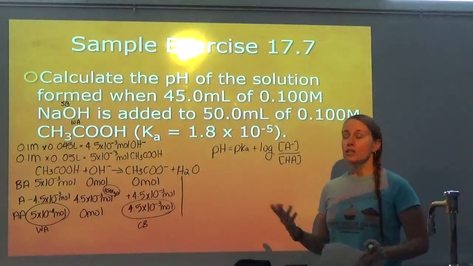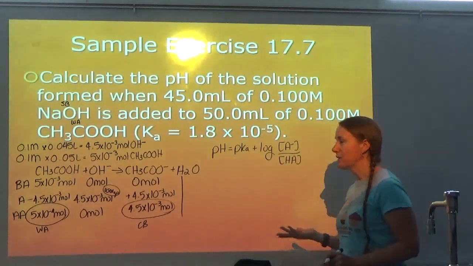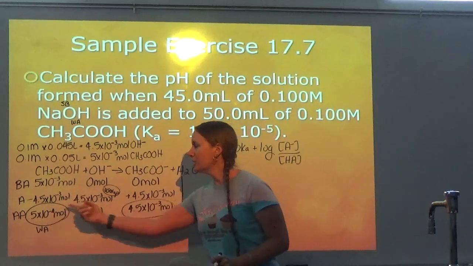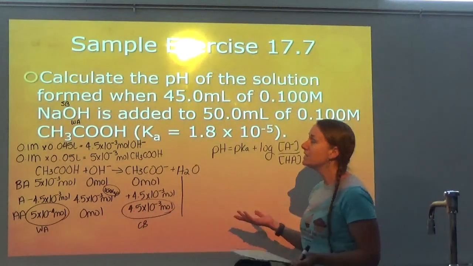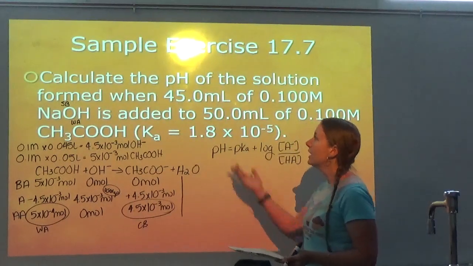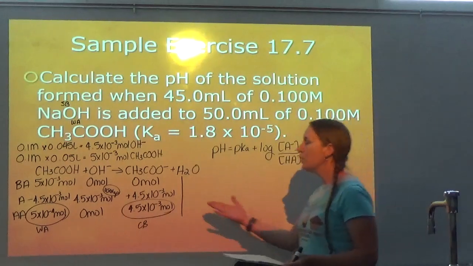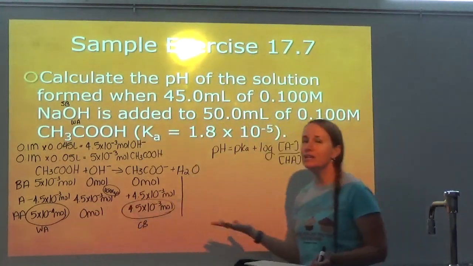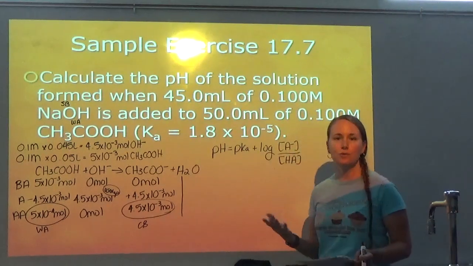All right, so normally we need to plug concentrations into here. However, you don't have to change these into concentrations, because remember, they'll both be diluted by the same amount. Like in the end, it's both going to be 95 milliliters because it's 50 plus 45. If you divide both by 0.095, the ratio is still the same. So you can actually just plug moles into this formula.